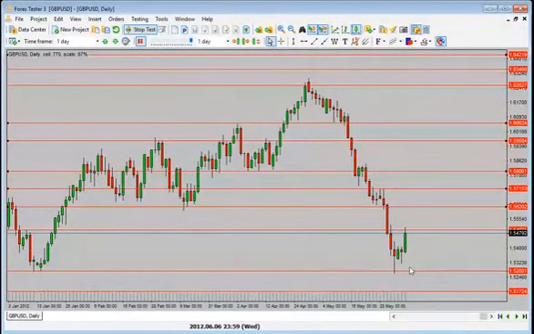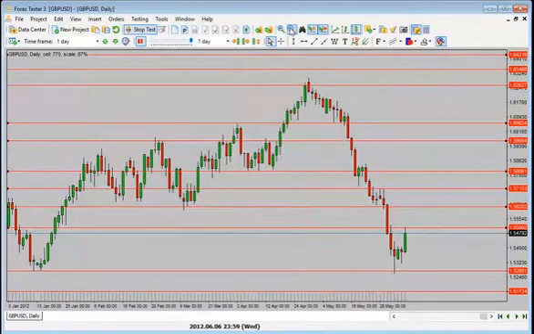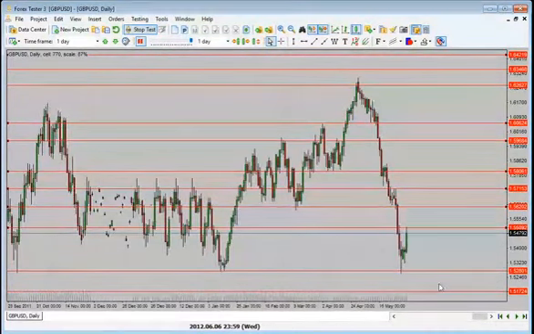Here we are, right back into that support again. So now we have a big bullish candle close, but keep in mind, this is right into resistance, I should say. What are we expecting now? Okay, so Joel says up.